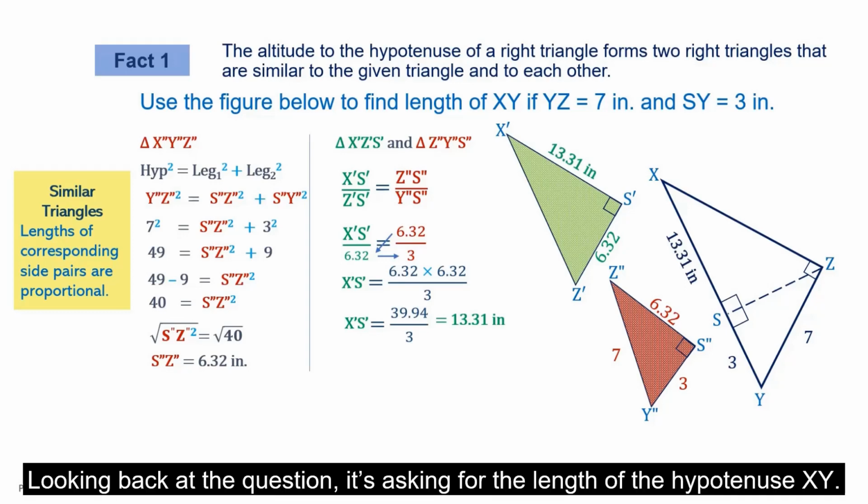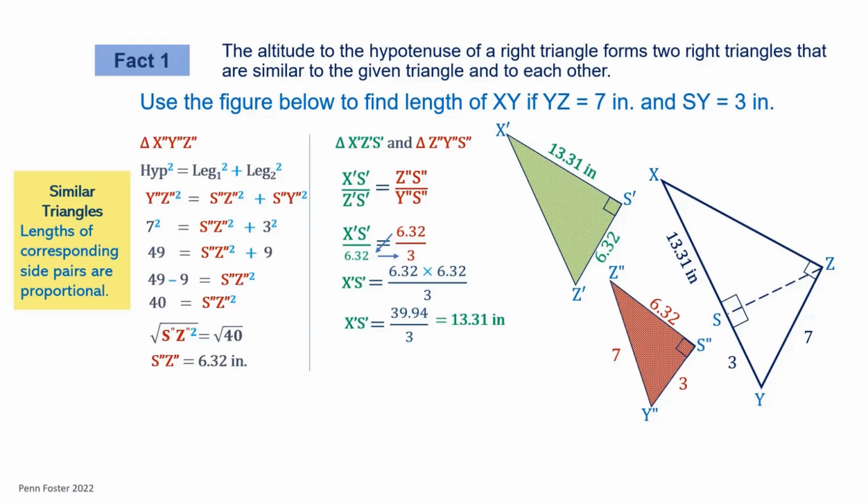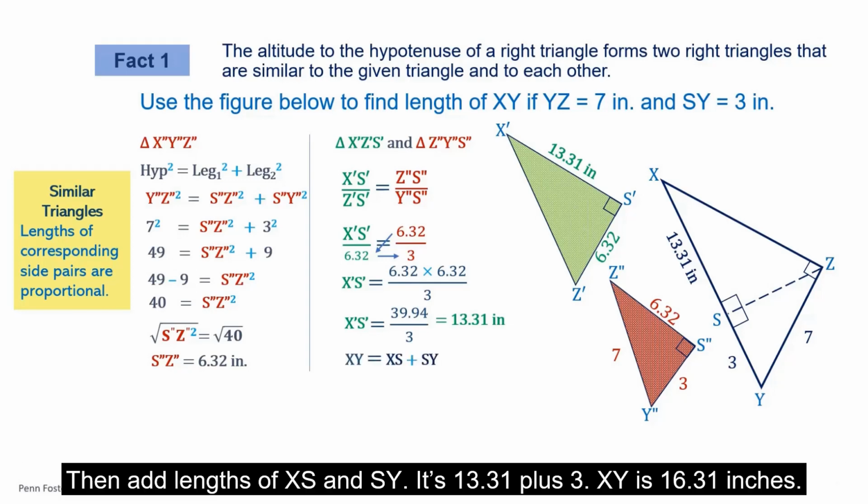Looking back at the question, it's asking for the length of the hypotenuse XY. Then add the lengths of XS and SY. It's 13.31 plus 3. XY is 16.31 inches.